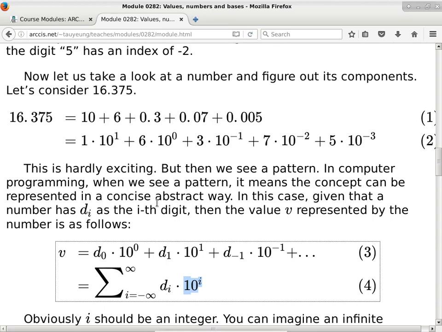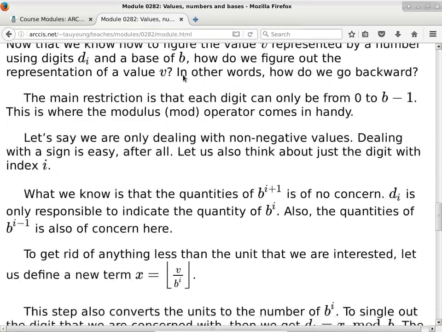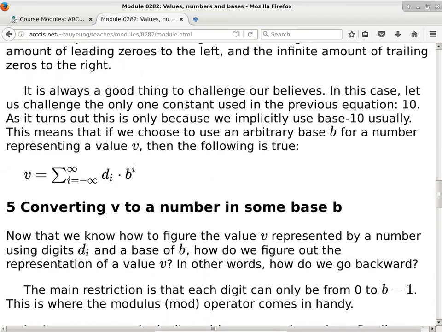When you're dealing with base 2, the only change is you're changing the 10 to a 2. So in general, if you are using base B, that's the equation. B is the base. In other words, if you want to, you can have a system that is base 7. It's a prime number, it's kind of odd, but it can work.